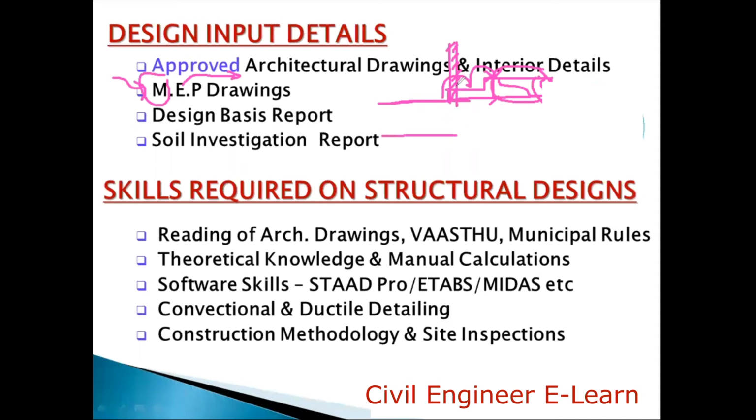Exactly at this point, whatever depth is required for this commode, we have to depress this slab, or make it drop in the slab, right? This is a slab. So this is what is called a sunken slab. Why are we talking about it? Because we are now talking about the plumbing drawings.